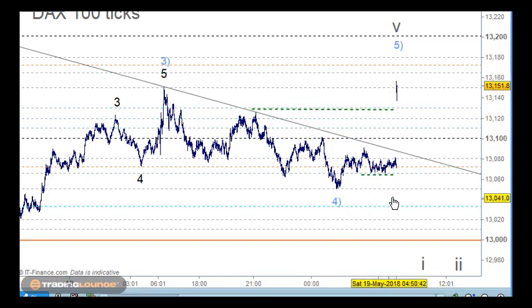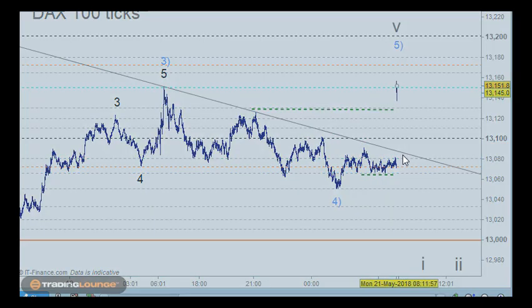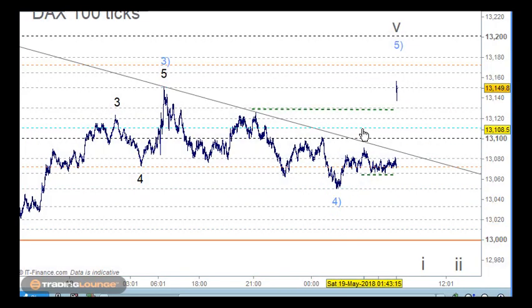So look, in a nutshell, I was looking for a short trade here or a long trade here, but it's gapped up, so that's where it is at the moment. But like I mentioned, we need to look at this as wave 1 and 2 here and wave 3 here. So this can pull back 40% in this space, come back and sit on here, but then we'll see a push higher in there.